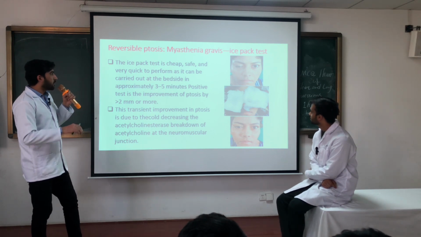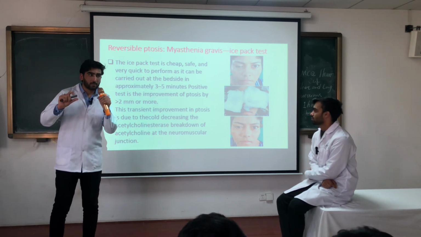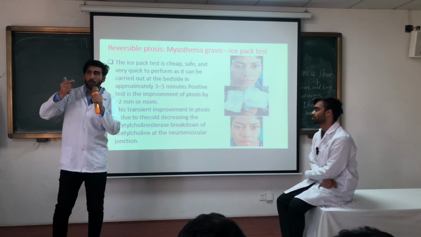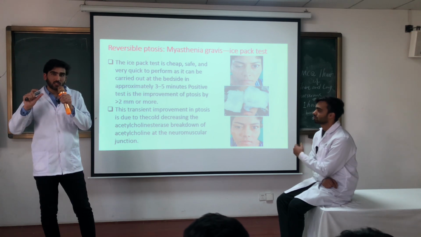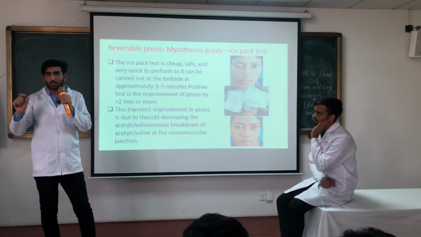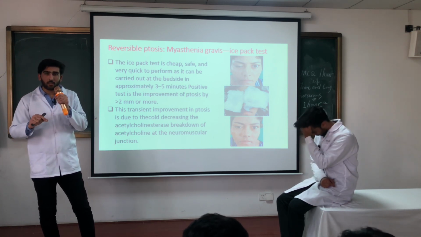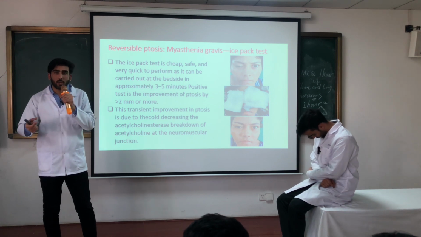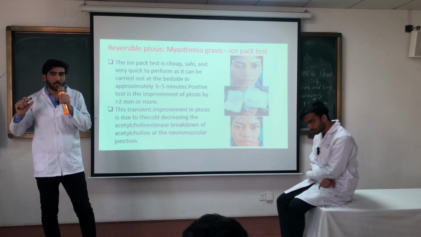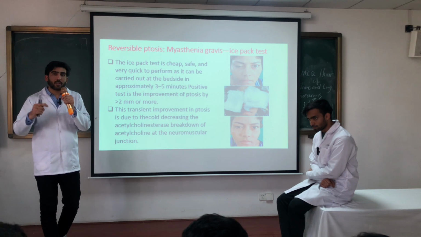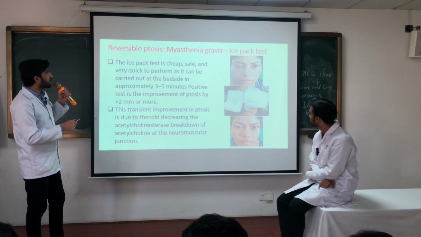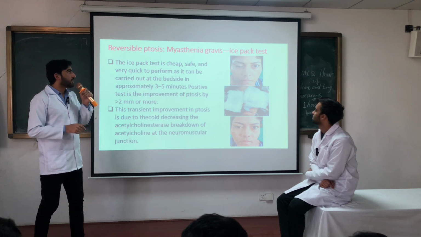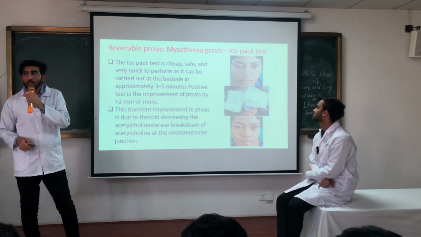What is the ice pack test? We take some ice bags and put them on the eyelid, because the coldness can reverse the acetylcholinesterase activity, which leads to accumulation of acetylcholine in the synaptic cleft, so that can reverse the condition. This is important, because reversible ptosis is most commonly seen in myasthenia gravis, and we can use the ice pack test.